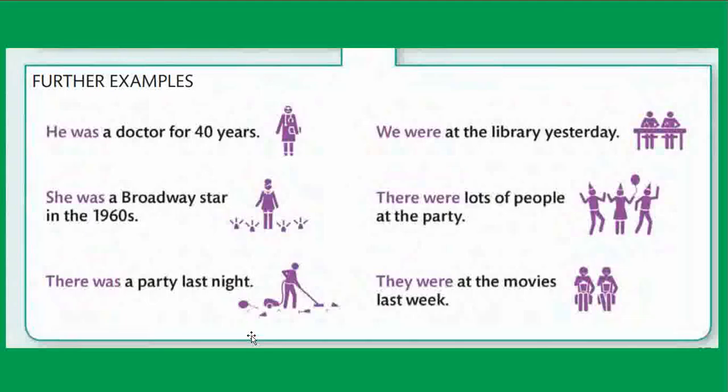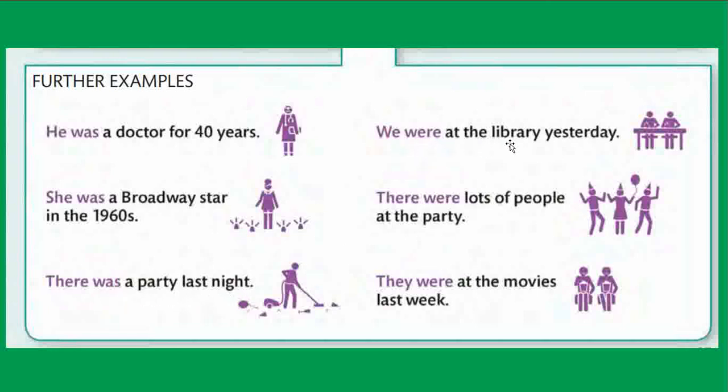Let us see certain examples constructed using this particular rule. The further examples are he was a doctor for 40 years. He is singular, so was is used. She was a Broadway star in the 1960s. She is singular, that is why was is used. There was a party last night.